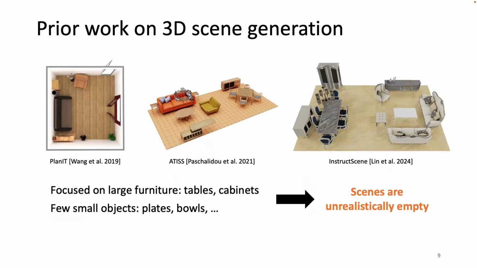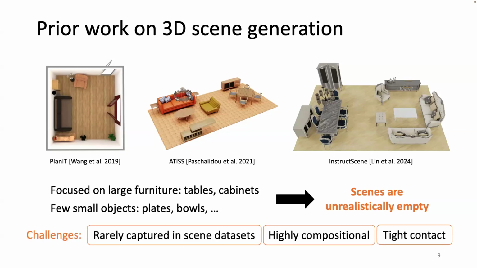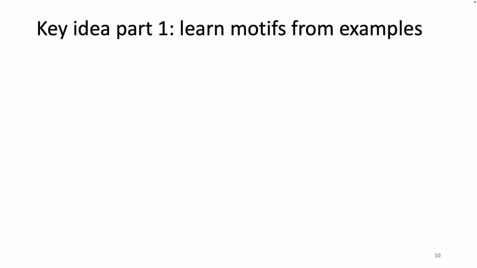So scenes are unrealistically empty in much of the prior work. This limitation is, of course, due to a number of challenges. The fact that such objects are rarely captured in scene datasets, the fact that these arrangements of small objects are highly compositional in nature and that they are in tight geometric contact. All of these make it challenging to generate arrangements of smaller objects.